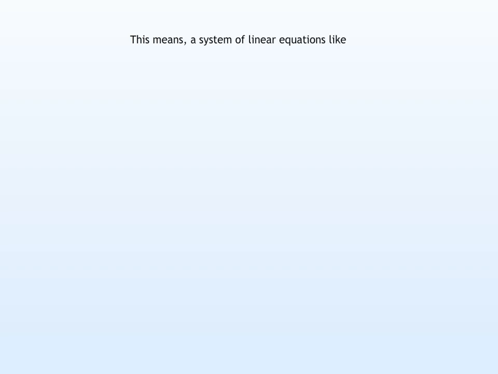This means a system of linear equations like A1x plus B1y equals C1, A2x plus B2y equals C2 can be represented in the matrix form as shown here.